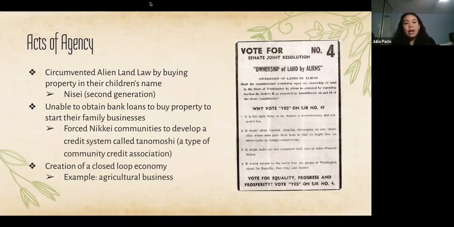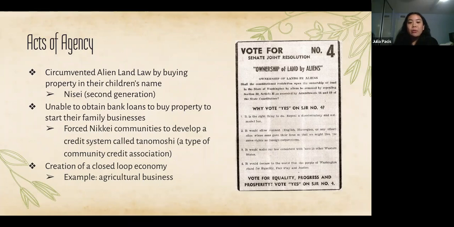So now we'll cover acts of agency at the individual and community level. As Cassie had mentioned previously, the alien land law didn't allow Issei, or the first generation, to purchase land in their name, but they were able to circumvent this by purchasing property in their children's name, who were American-born citizens.